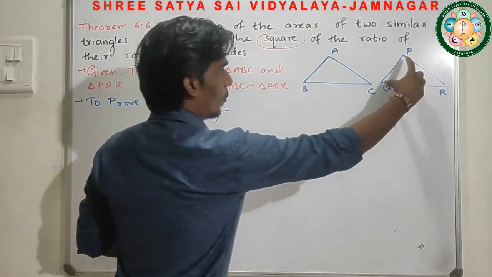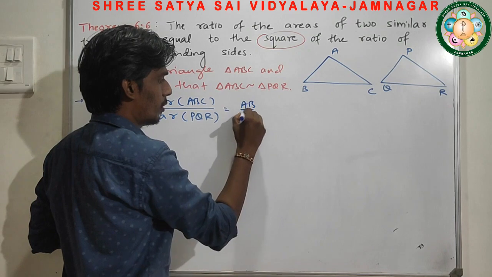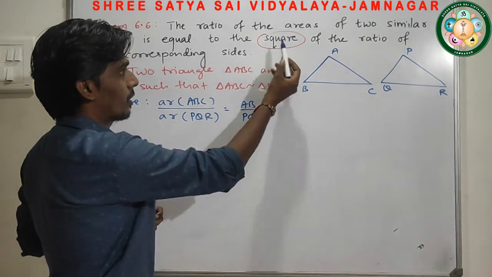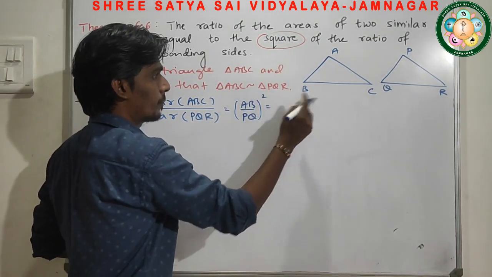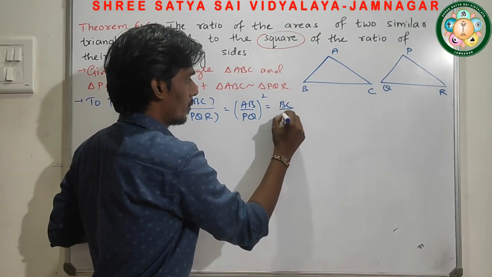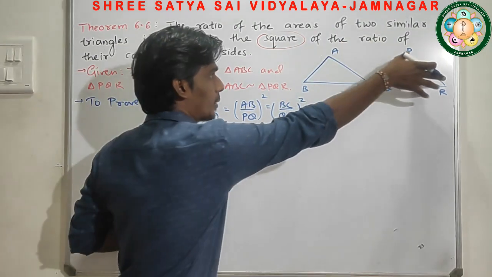Now AB corresponds to PQ. AB corresponds to what? PQ. Now this is not only the ratio of the corresponding sides, it is the square. Square means whole square. BC corresponds to QR, and last, AC corresponds to what?